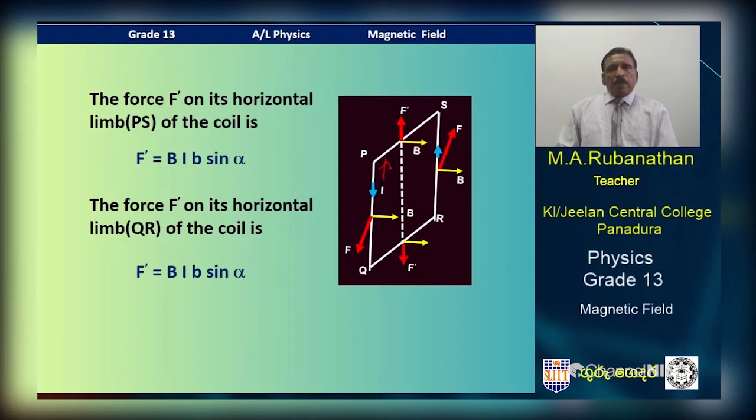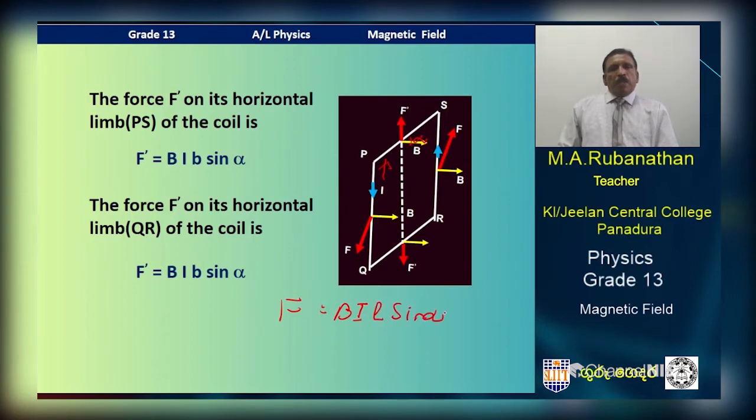So this is alpha, no? Alpha is easily found. Therefore, we easily write BI. Normally, earlier we studied that the force F is equal to BIL sin alpha.